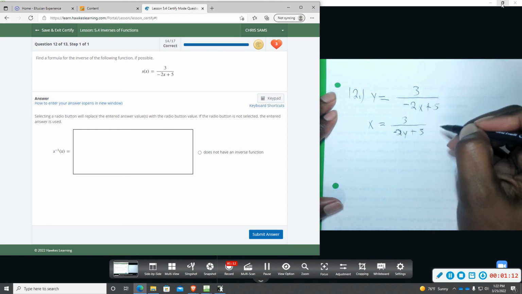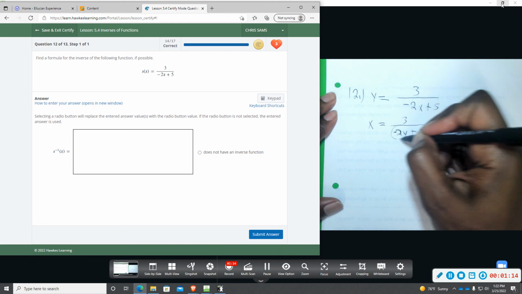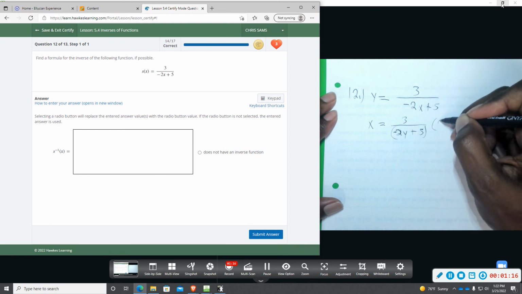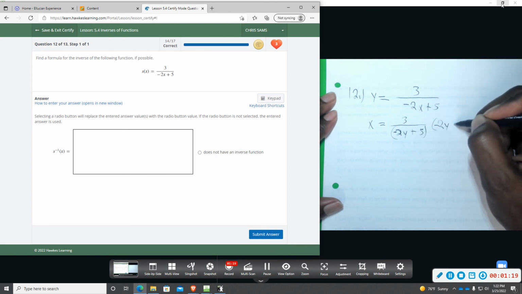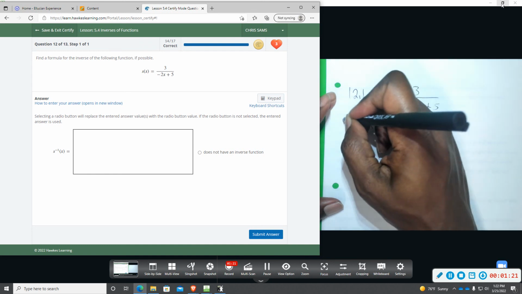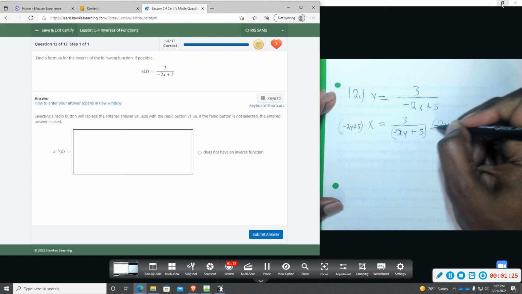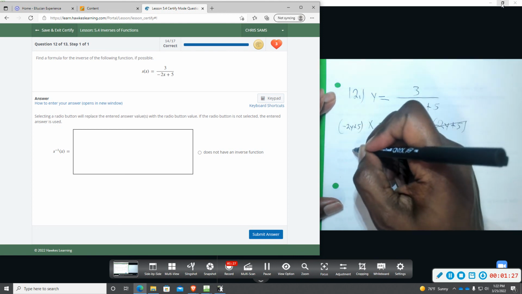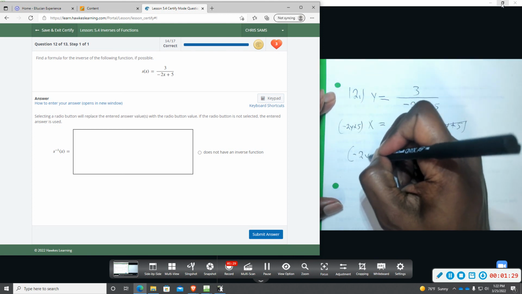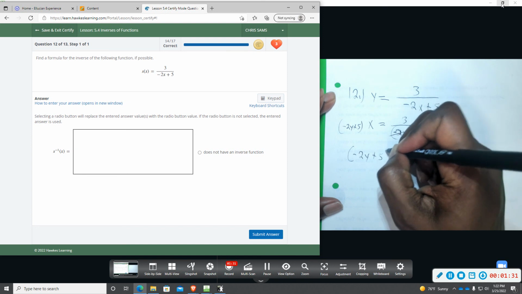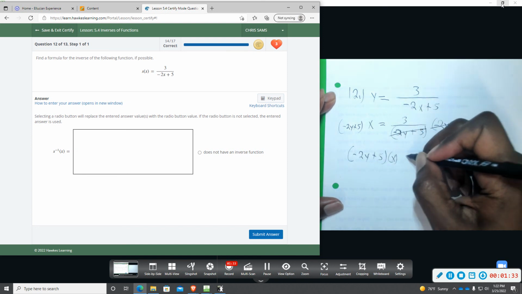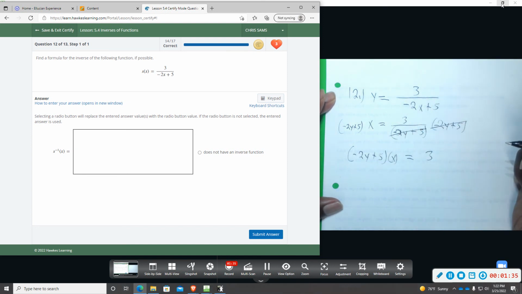And then we're going to multiply to get this off the bottom. We're going to multiply both sides by the negative 2y plus 5. All right, so that's going to cause that to cancel, and then we have negative 2y plus 5 times the x equals 3.